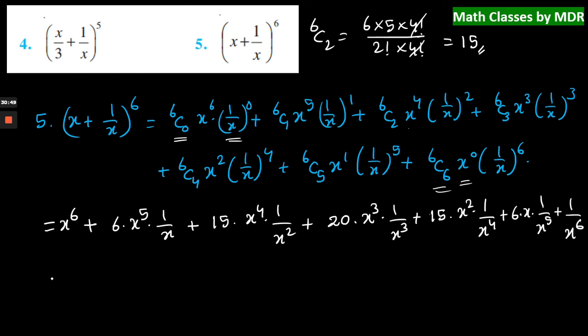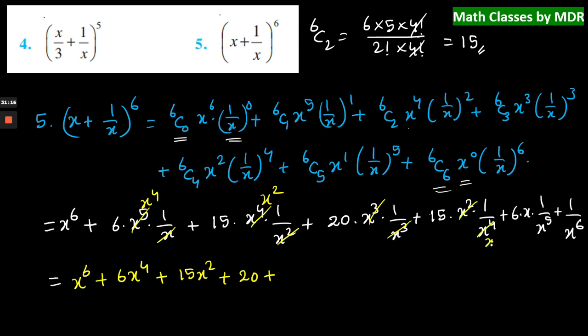That's it. Now let us simplify each and every one. You will get, so x^5 becomes x^4. So the first term is as it is, x^6 plus 6x^4 plus x^2 gets cancelled, so 15x^2 plus x^3 gets cancelled, 20 plus x^2 and then x^2.